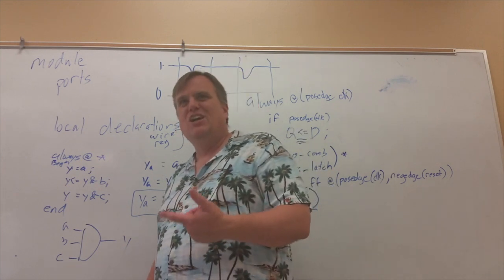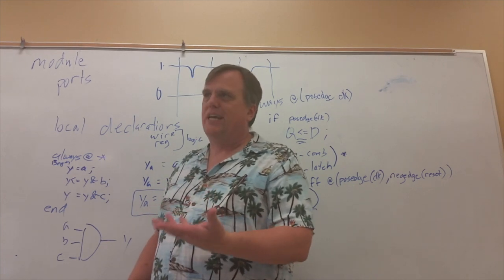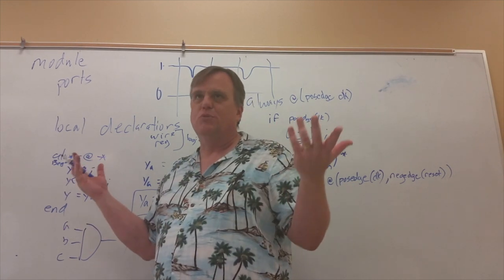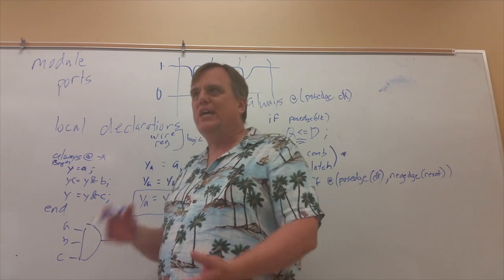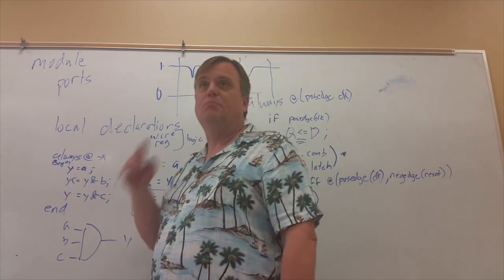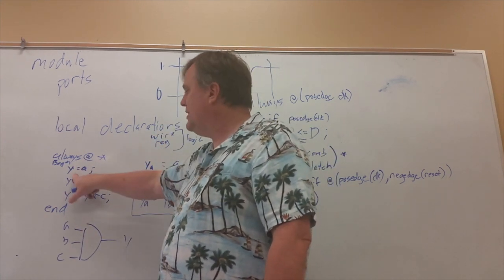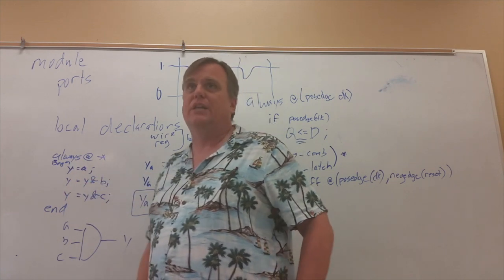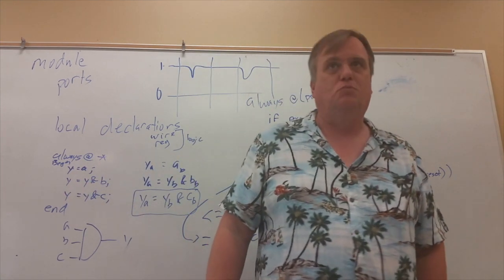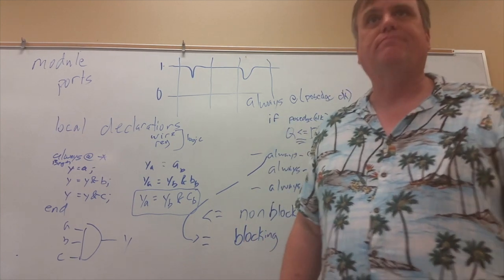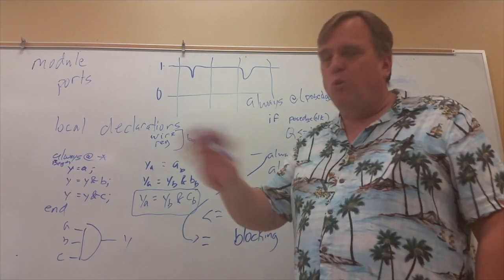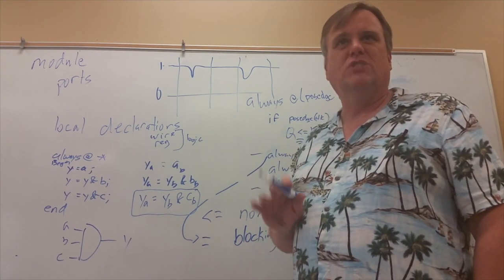However, not everybody always builds it as they're supposed to, so you could end up with some goofiness. So it's generally not a good idea to mix them. The proper synthesis rule says if you want combinational logic, you should use blocking assignments. It just avoids the ugliness. Does that make sense?